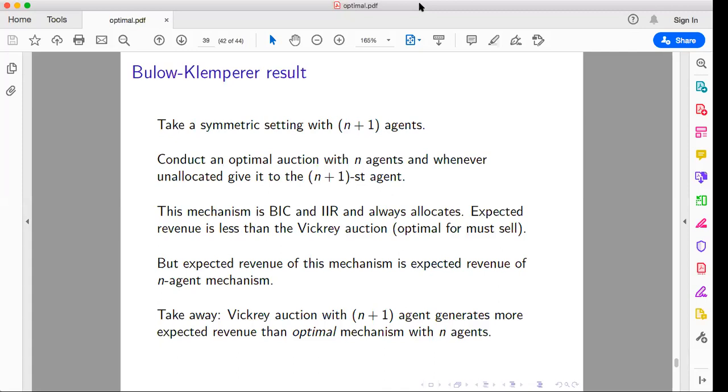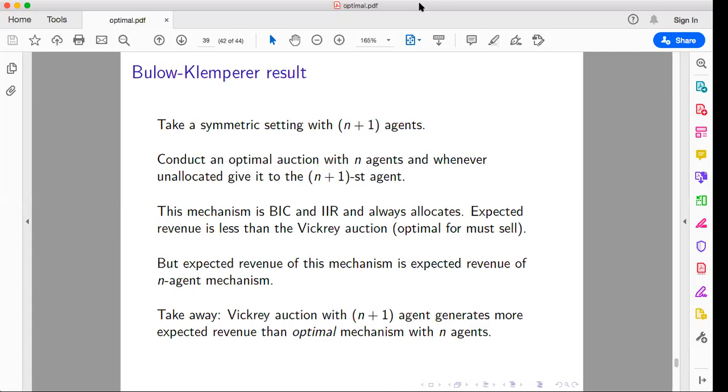So the expected revenue of this mechanism will be exactly equal to the expected revenue of the n agent optimal mechanism, where the n plus first agent's role is taken by the seller. Yes. Right? Okay. So if I did an n agent optimal mechanism, this is exactly what I would do, where the n plus first agent's role is taken by the seller.